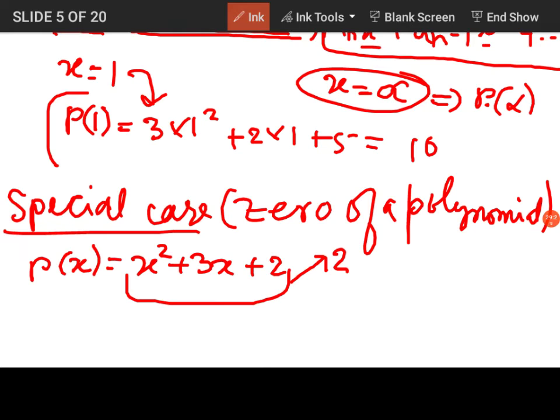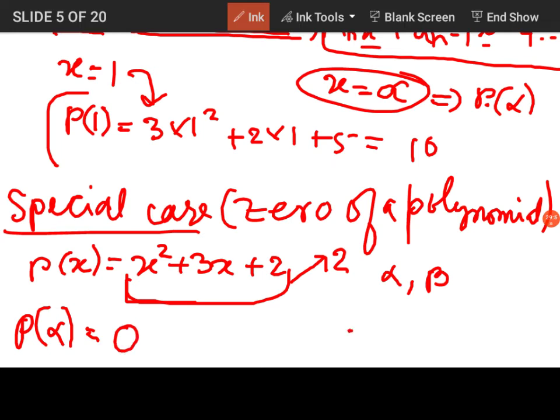So if the roots, say, are alpha and beta, correct? So if you replace x here with alpha, or in other words, you are just finding the value of this polynomial at x equals alpha, then what you will get is this polynomial's value will be 0, correct?